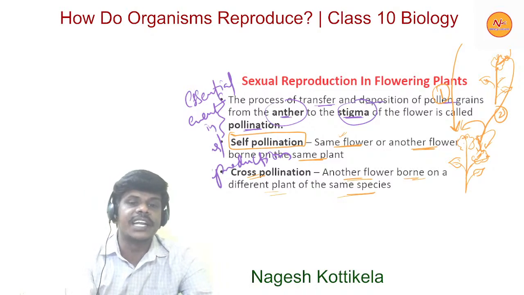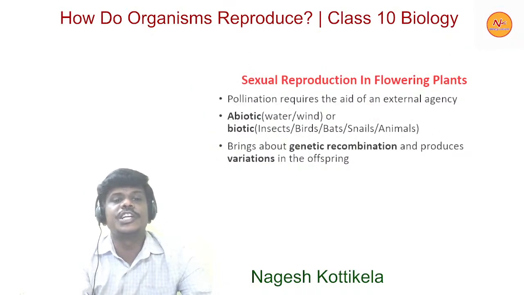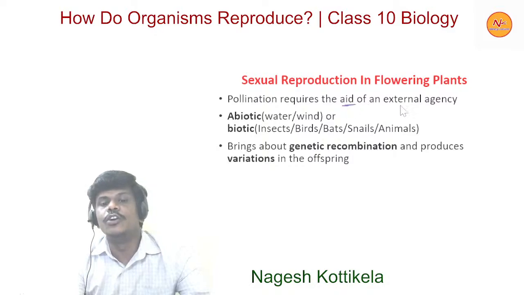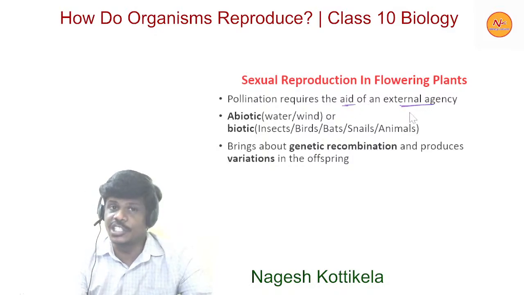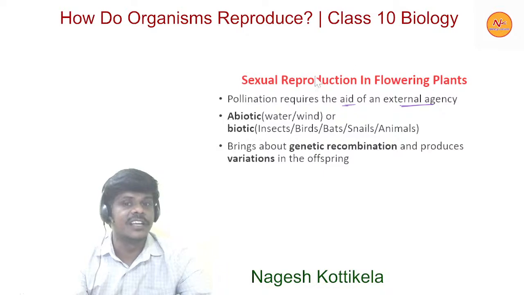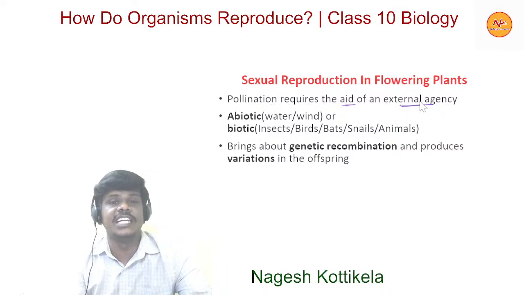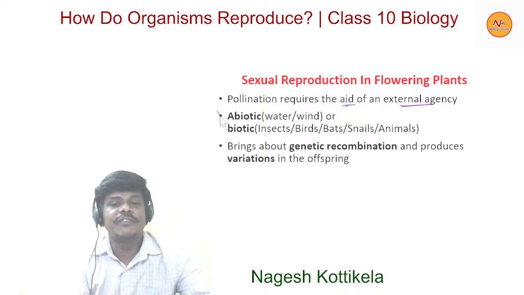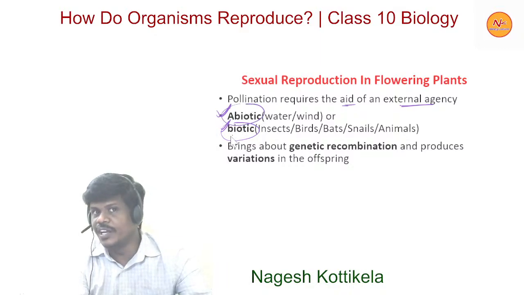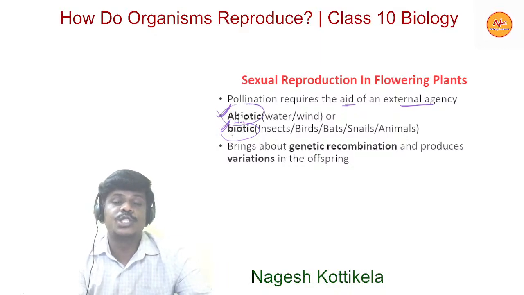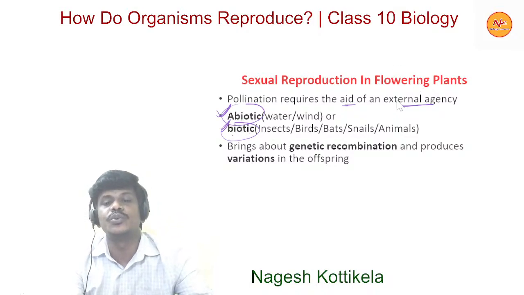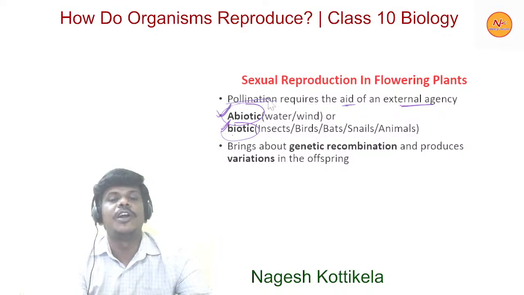Now moving to the next, here pollination requires the aid of an external agency. Several biotic and abiotic factors play a very important role during the process of pollination.